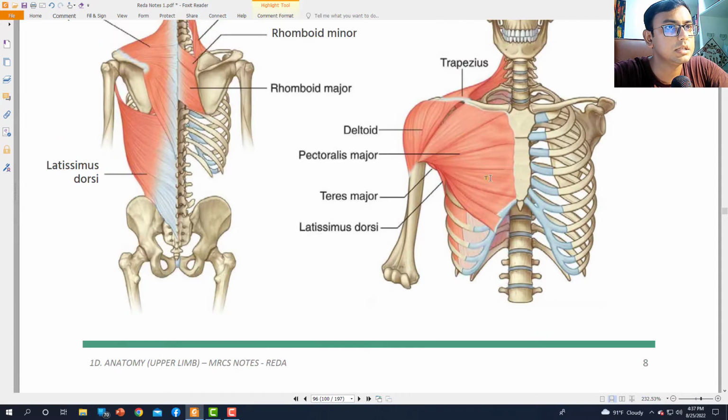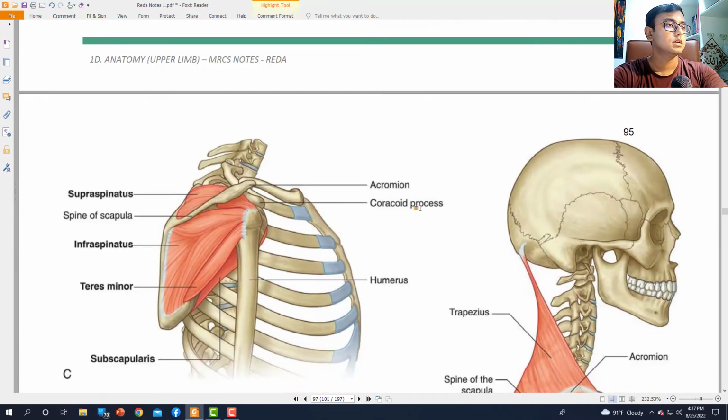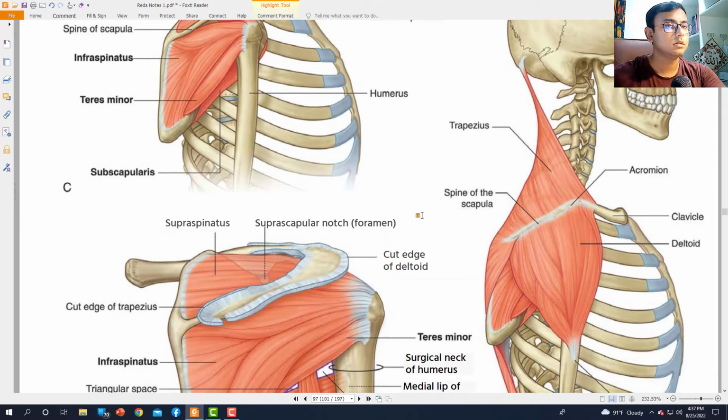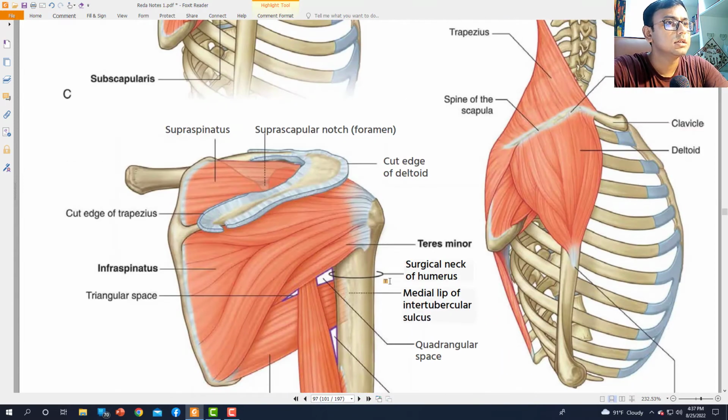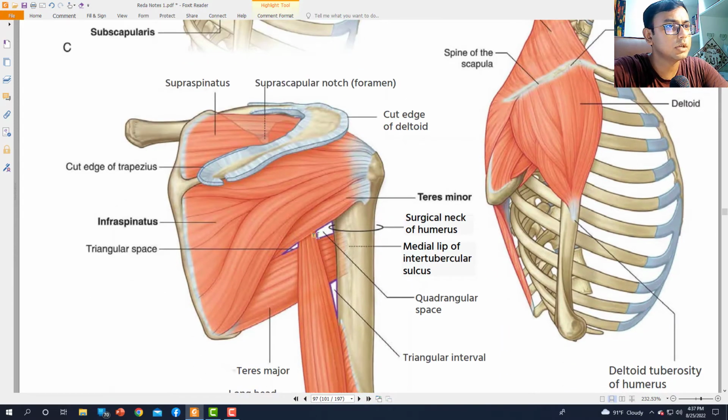See the pattern of the muscles, where they are present and where they are attached to the surrounding structures, and go through it. Here you can see the two important spaces, the quadrangular and the triangular spaces. The contents of the quadrangular and triangular spaces are sometimes asked in the exam.